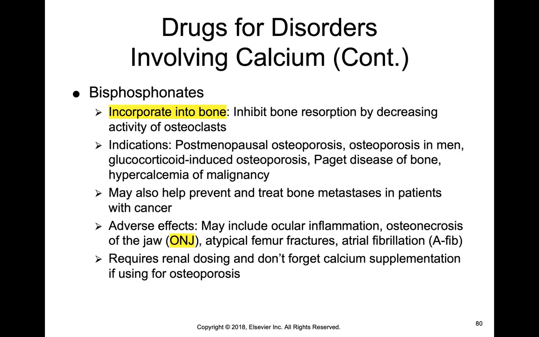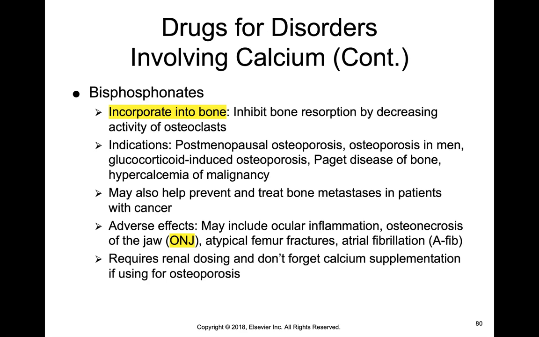Bisphosphonate is an interesting medication. When you take it, the molecule itself gets incorporated into your bone and it stays there. So this is another drug that inhibits osteoclast activity. It's used for all these indications. Just remember some of the weird side effects.